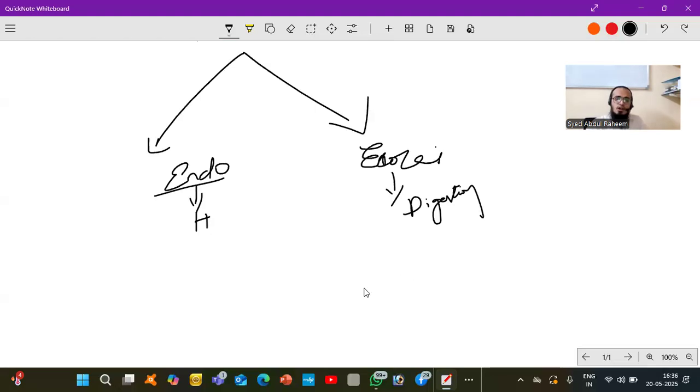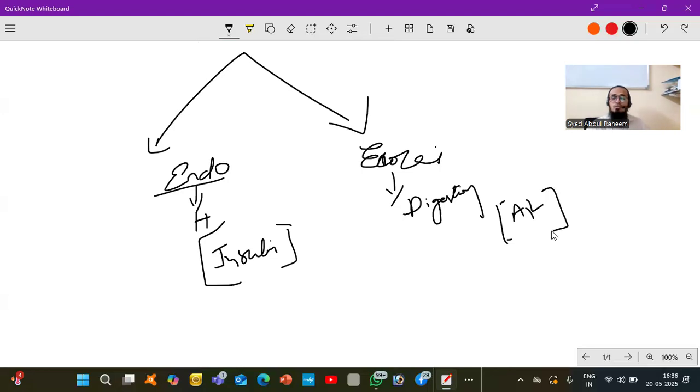Mostly the important hormone the pancreas secretes is insulin. And for digestion, it sends the digestive enzymes, pancreatic enzymes, amylase and lipase, to digest fat. So what diseases occur?